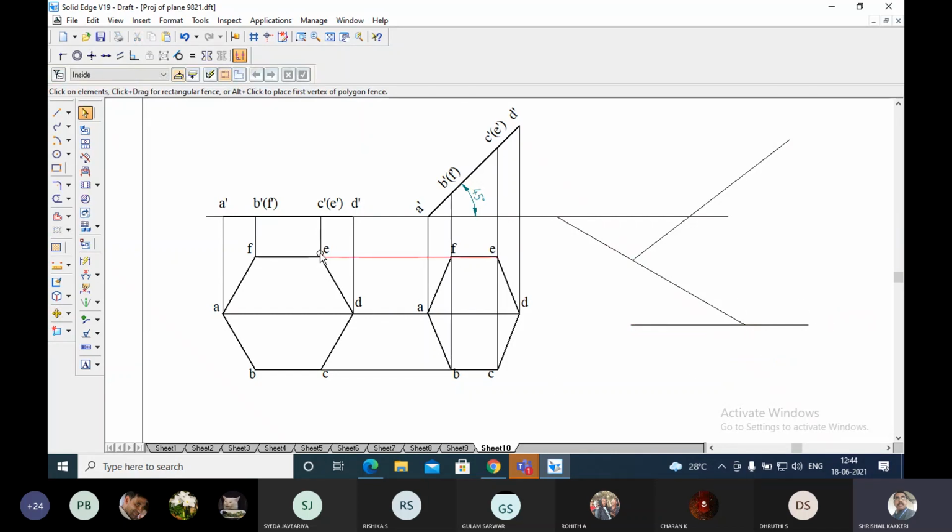Now let me measure this length. 34.94. Take the arc from the end of this one, 34.94.